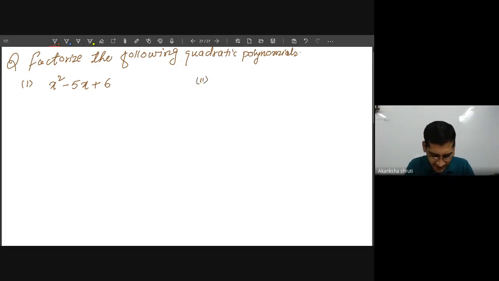The other may be taken as, say, 3x square minus of 5x plus of 2. It is the second one.